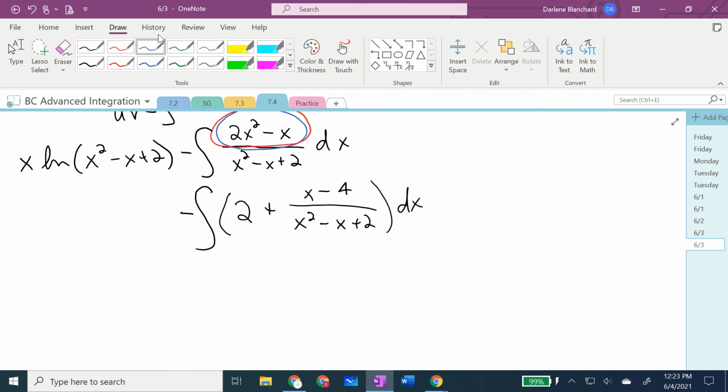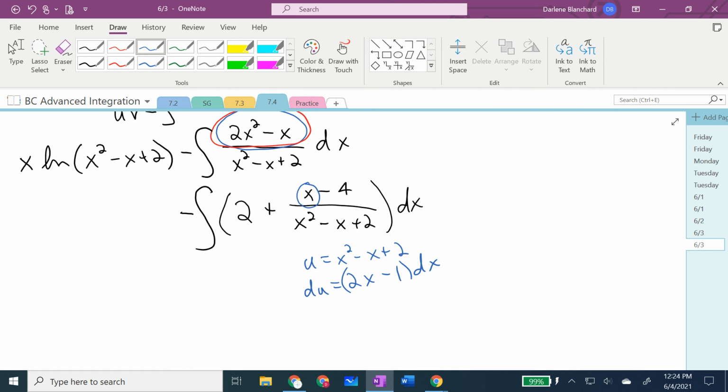If I do a u substitution, then my u is x squared minus x plus 2. My derivative is 2x minus 1. And I want to make sure that this entire x is part of the du.